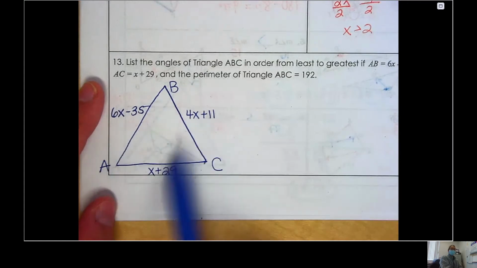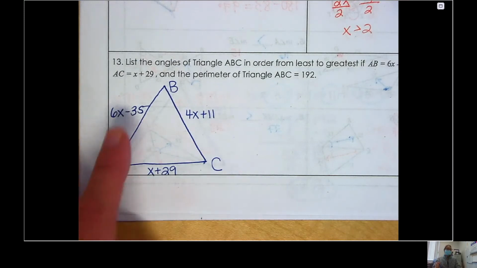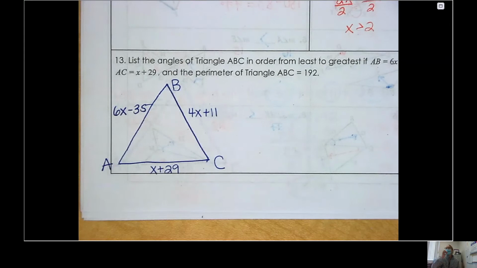So what should I have to do with these three equations? Add the equations together. If this was 1, 2, and 3, and I walked 1, then 2 feet, then 3 feet, how many feet did I walk in total? 1 plus 2 plus 3, right?